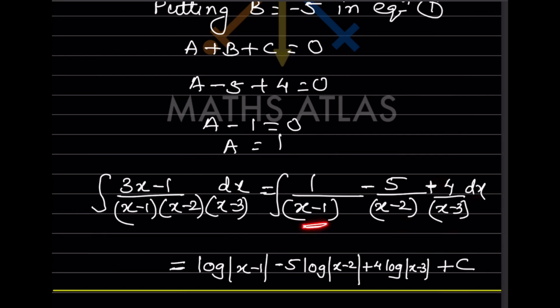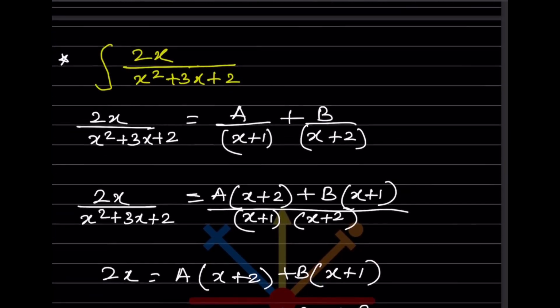And for this one, we can write here log of x minus 1. For this part, when we take the integration, this 5 will go outside the log, that will be minus 5 log of x minus 2, and this 4 will go outside the log, and that will be 4 log of x minus 3, and this plus c. So this is the answer.